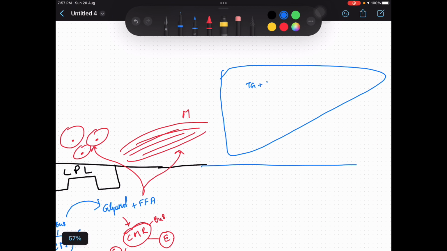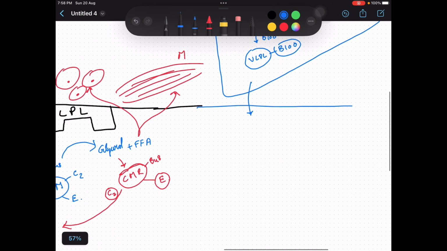VLDL is synthesized from a combination of triglycerides and cholesterol, which pass through the rough endoplasmic reticulum and smooth endoplasmic reticulum of the hepatocytes and get ApoB100 to form VLDL. Initially VLDL contains only ApoB100, and that is secreted from the liver, from which it in turn drains into the blood circulation.